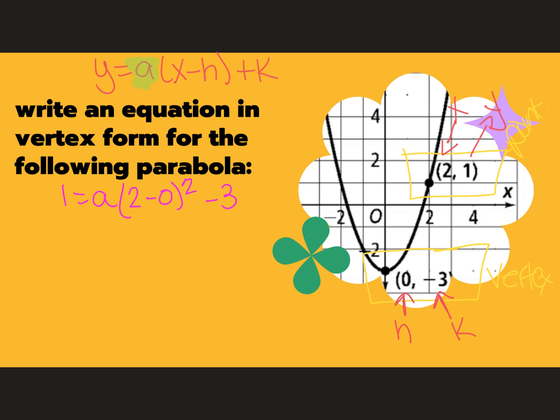And now from here, I'm just going to simply solve my equation. I have y equals my a value, 2 minus 0 is 2 squared minus 3.